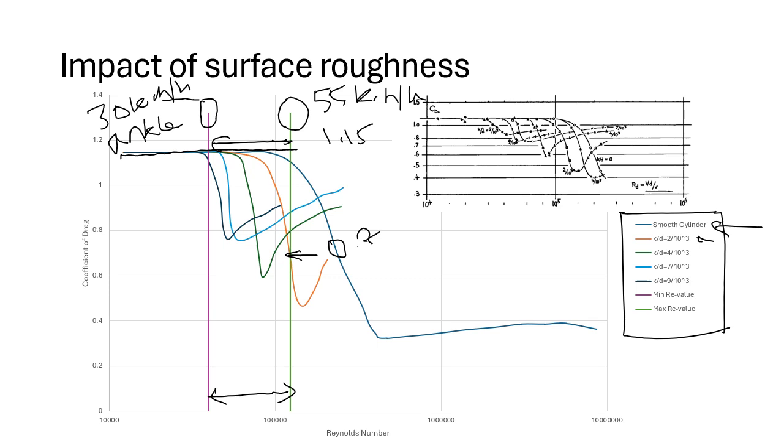If I change that roughness, I can achieve a value of this, this, or this, but also considering this whole range here. So essentially what we're trying to say is that by adding roughness to the surface of the cylinder, we can vary the drag characteristics. And by having different values of roughness, the drag can vary quite significantly.